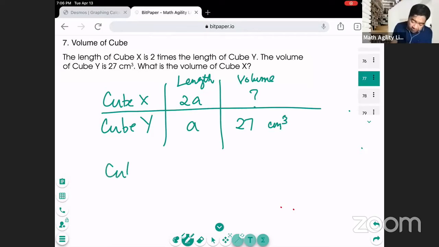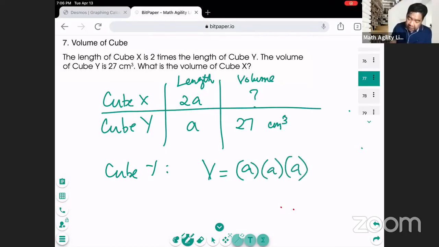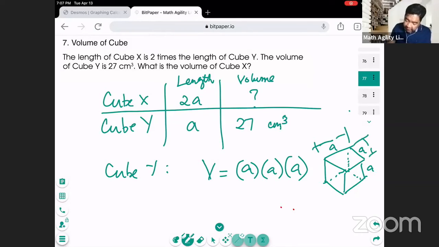For cube Y, let's solve this first. The volume is A times A times A, right? If we draw a cube, the length, the width, and the height are all equal to A. That's why it's A times A times A, which gives us A cubed.